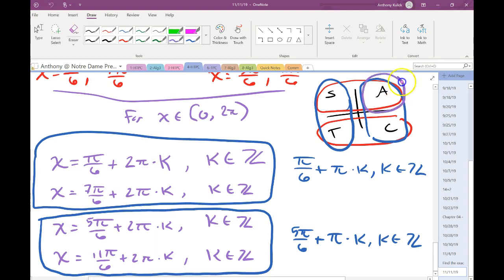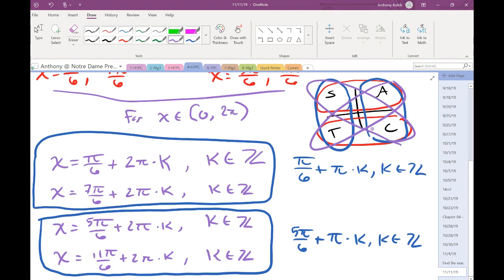Tangent is positive here and positive here, and then negative here and negative here. Maybe I should draw those kind of like an X. Is it possible for the two positive answers, the two negative answers there to be pi units apart? Yeah.